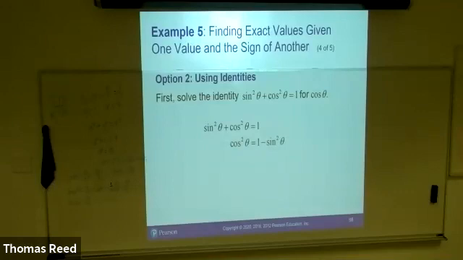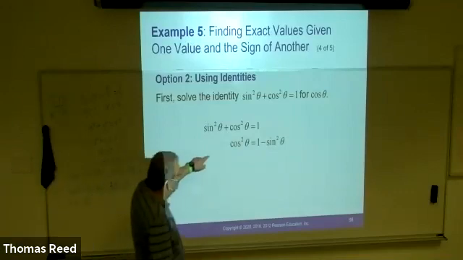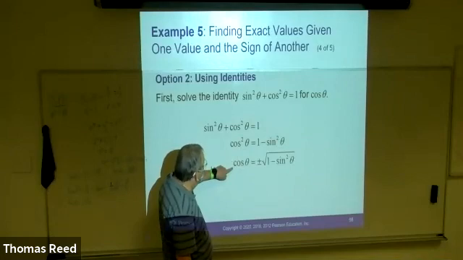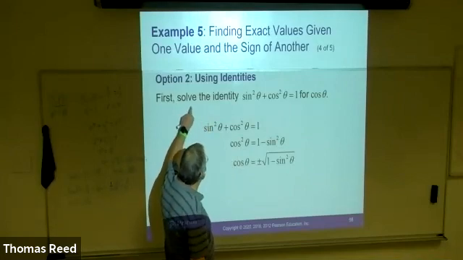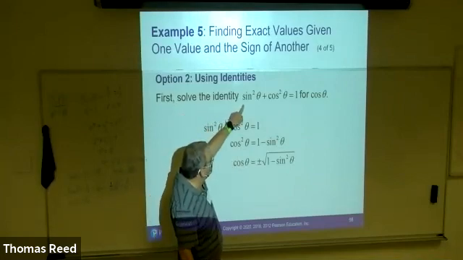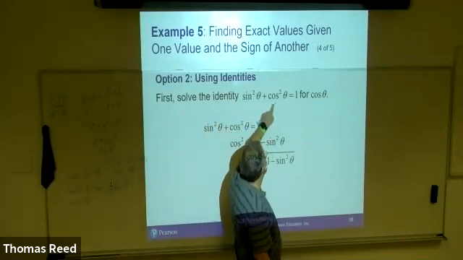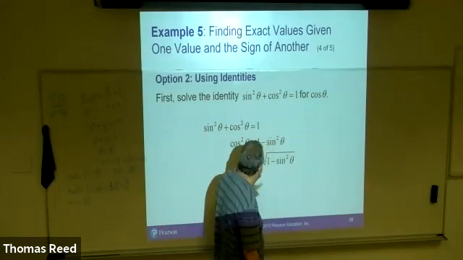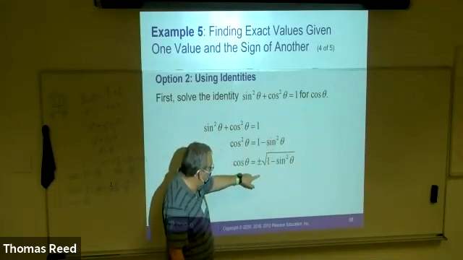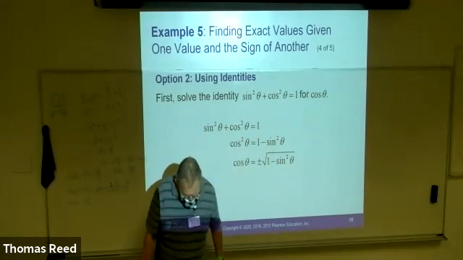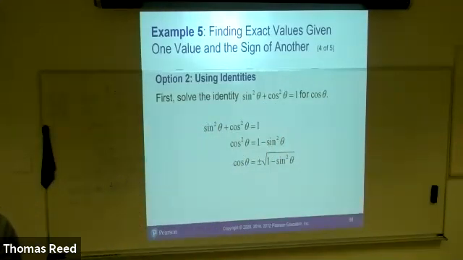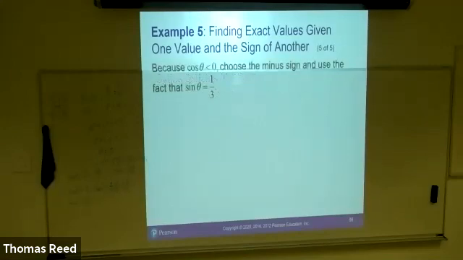And 1 minus 1/9, because we're going to subtract sine squared with that. Oh, and what they did, they solved the Pythagorean identity for cosine, and wound up with this, and then just put 1/3 in for sine, and worked it that way.